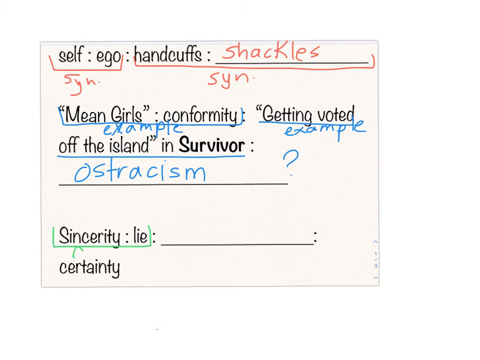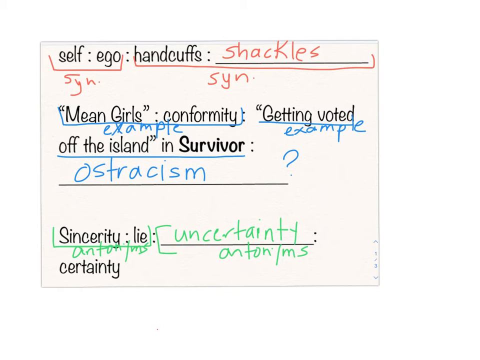So this word pair has to be an antonym. Therefore, the second word pair needs to be antonyms as well. So for this assignment, we're looking at sincerity is to lie as uncertainty is to certainty, because uncertainty is one of Chip's words.